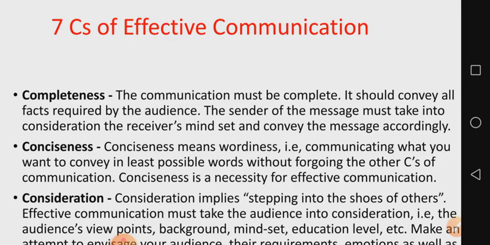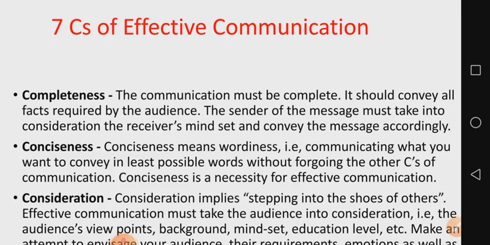Before making a message, you should also consider who your audience is, who is going to receive your message. Suppose you want to convey something to small kids, and you make it very complicated, that will not be conveyed. Or if you are conveying a message to somebody who is illiterate, but you are using very hard or complicated language, it will not go well.